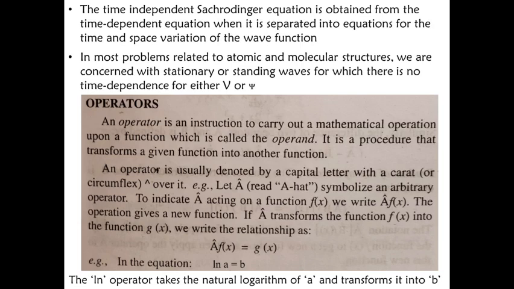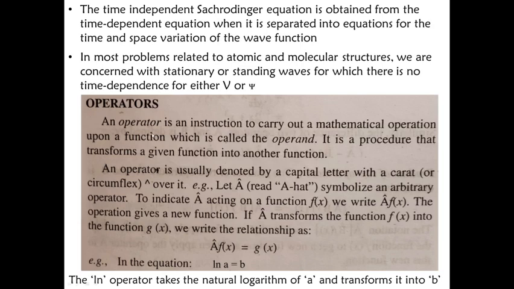And here in quantum mechanics, we have taken certain things like operators that are very much associated with the observables. If you talk about the position, there is an operator related to the position. And if you talk about the momentum, there is an operator associated with the momentum. So that is what operator means in quantum chemistry or quantum mechanics.